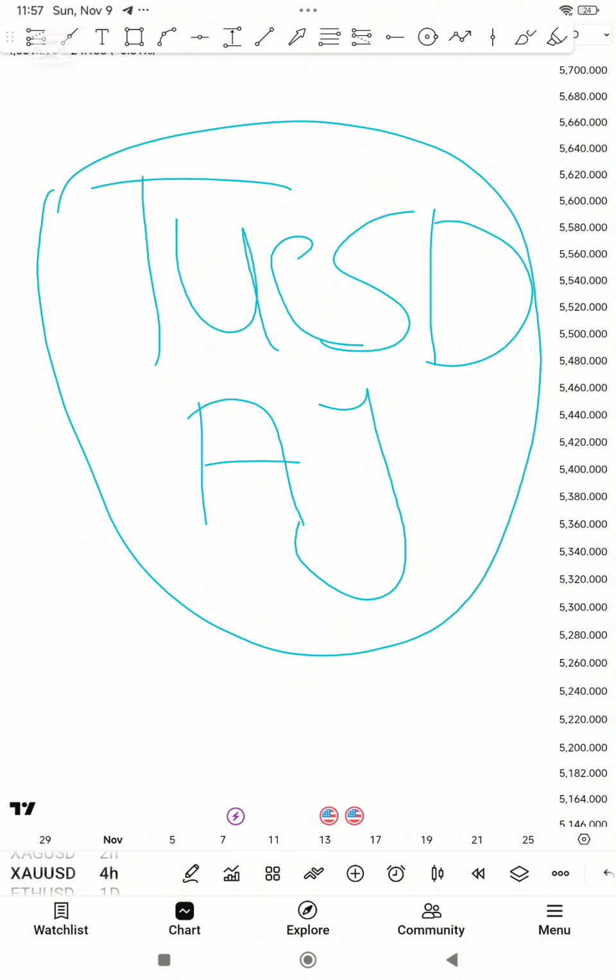Tuesday will be the reversal, and this is how the low of the weekly candle forms on Tuesday. And I'm telling you again that after every consolidation, expansion is guaranteed, and expansion will come.